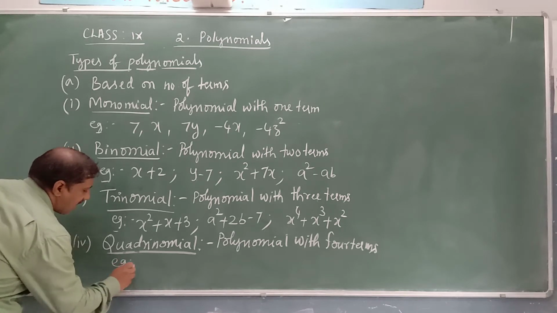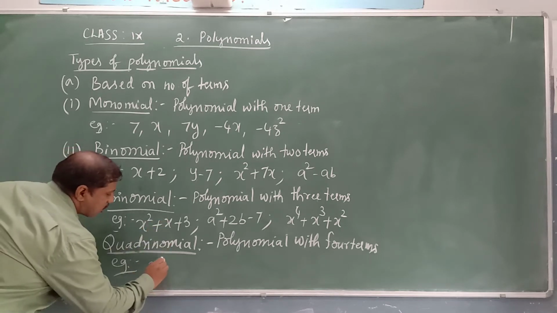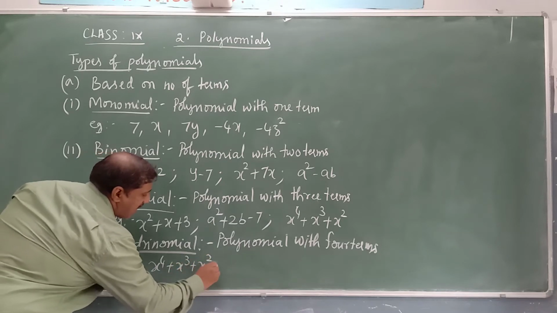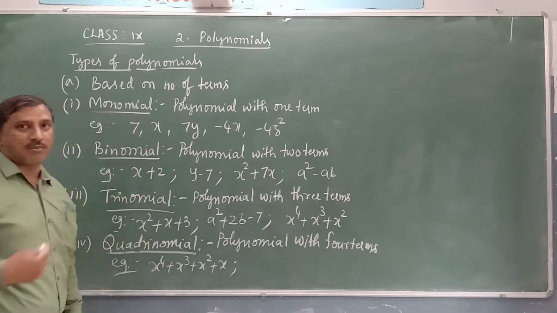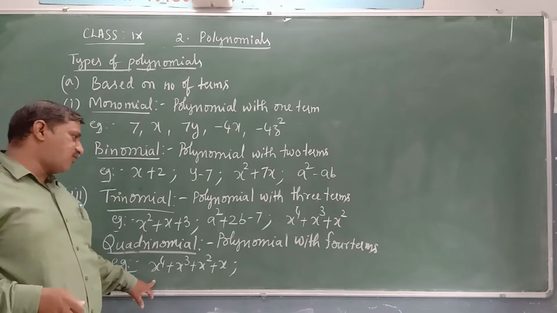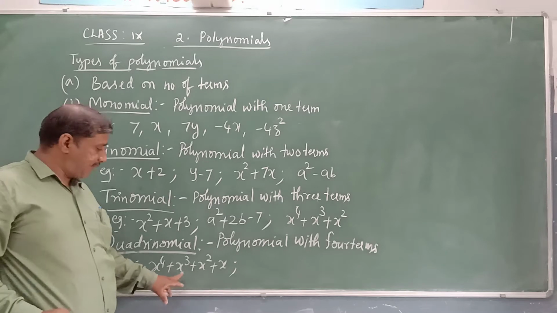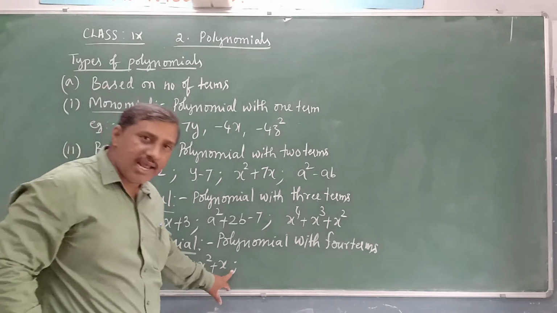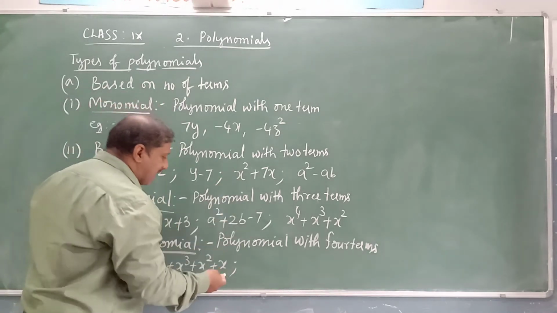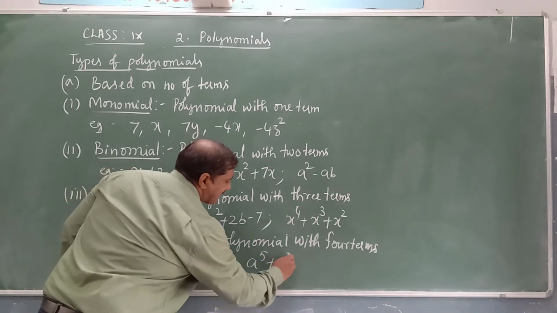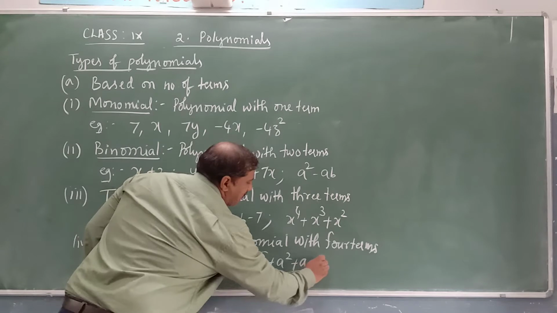Examples: x to the power of 4 plus x cube plus x square plus x is one example of a quadrinomial. Here the 4 terms are x to the power of 4, x cube, x square and x. 4 different terms. You can give one more example: a to the power of 5 plus a square plus a plus 7.